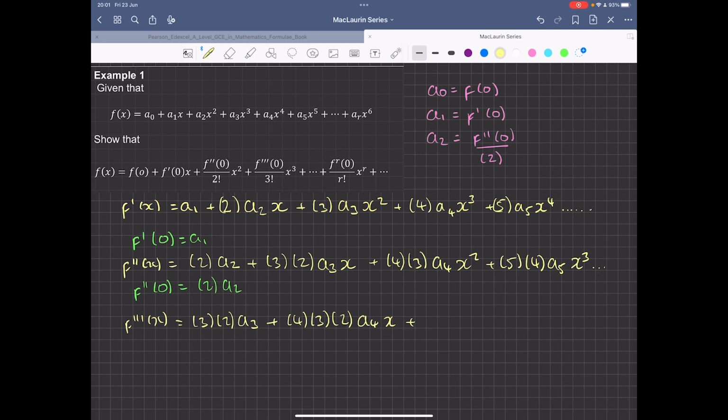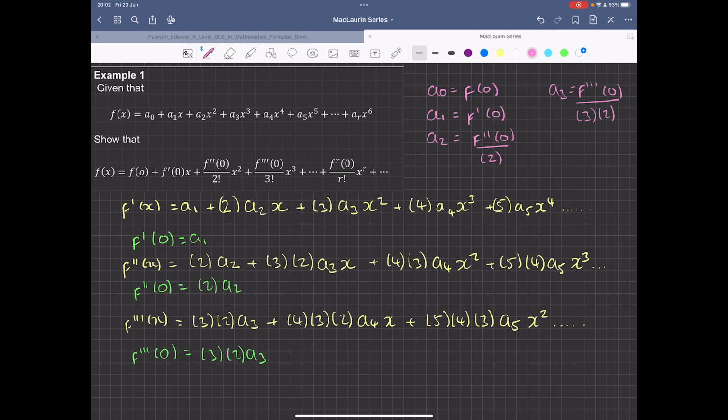So we've got 5 lots of 4, lots of 3, a5, x squared. And that will carry on. We'll substitute in x equals 0. So we're left with 3 lots of 2, a3, and the rest of these will cancel to make 0. So a3 will be the third derivative of 0 divided by 3 lots of 2.